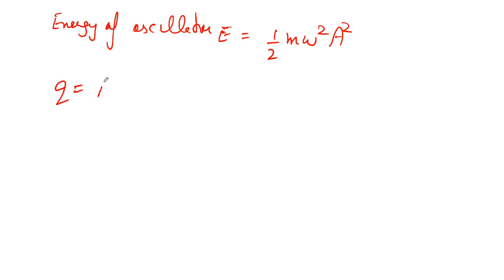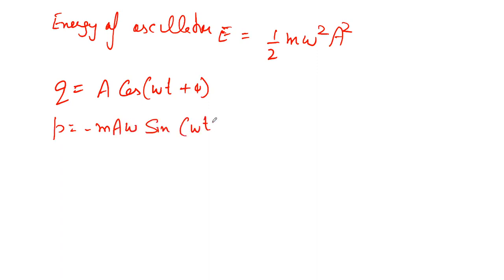So q we know is a cos(ωt + φ), and p we know is −maω sin(ωt + φ).